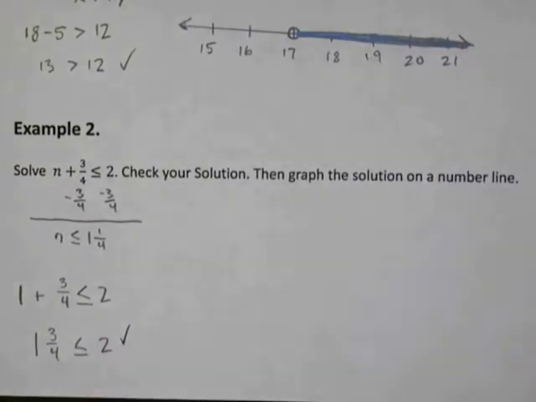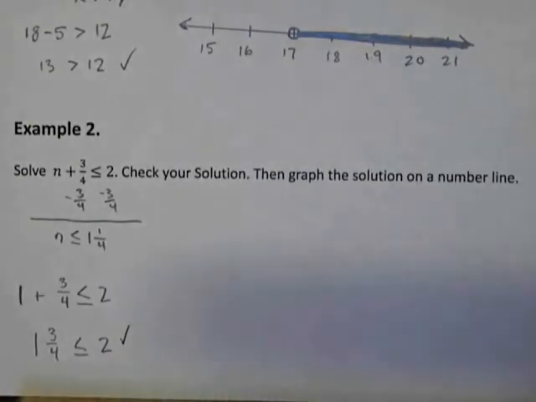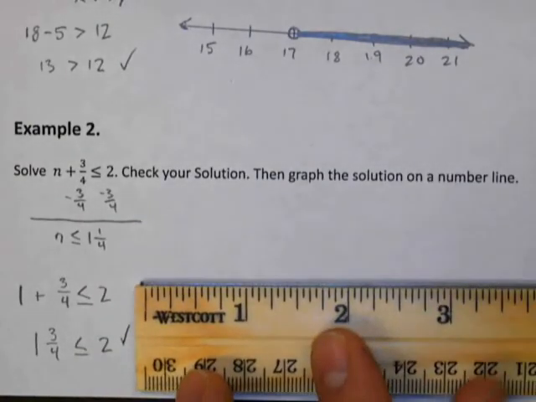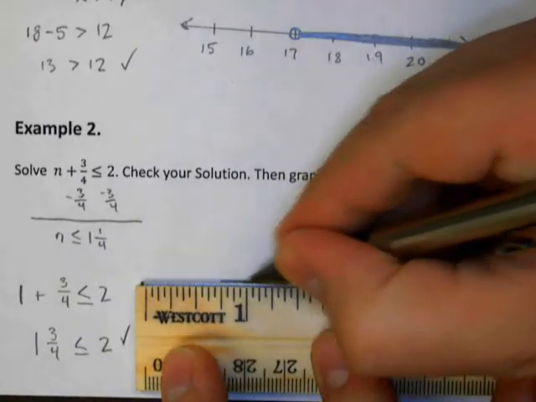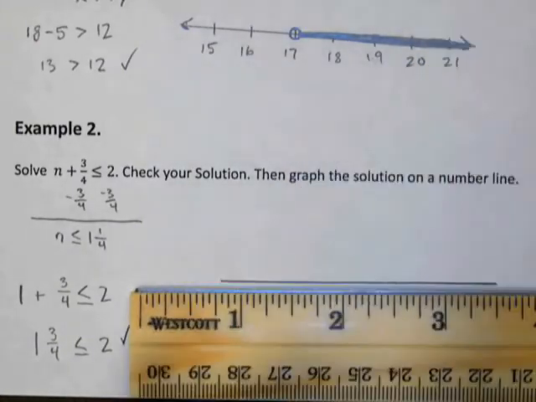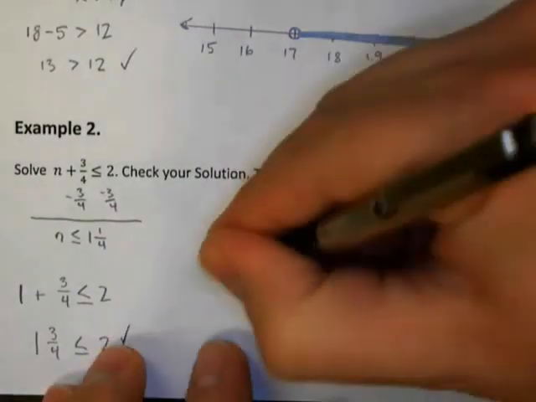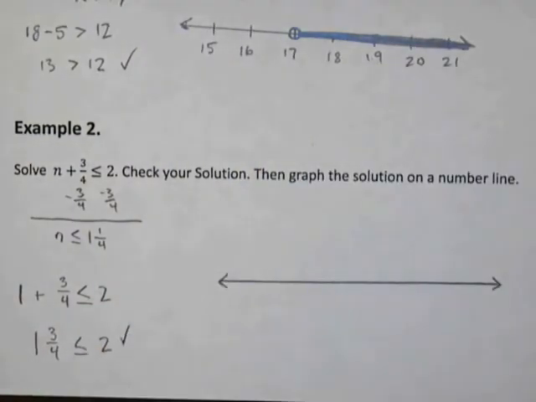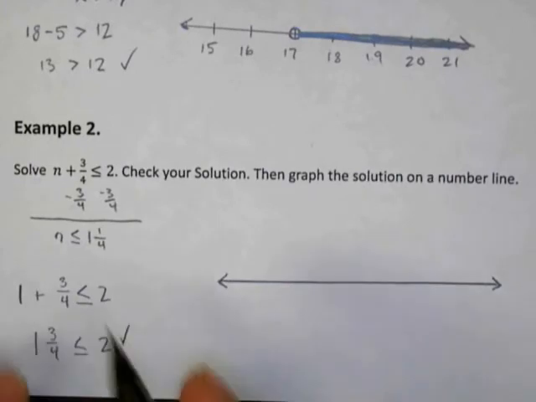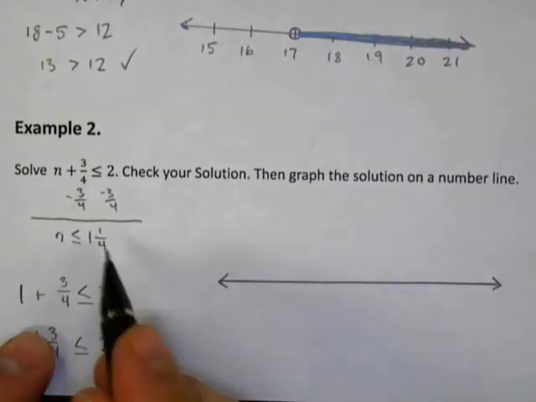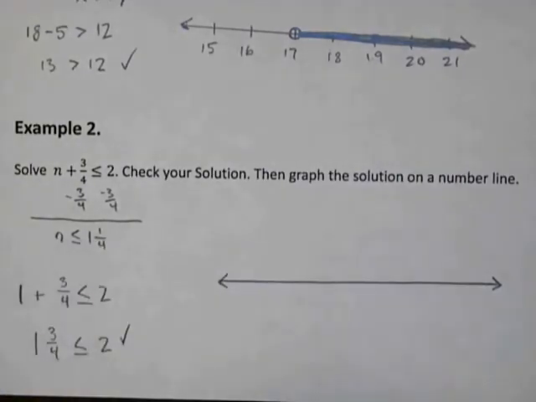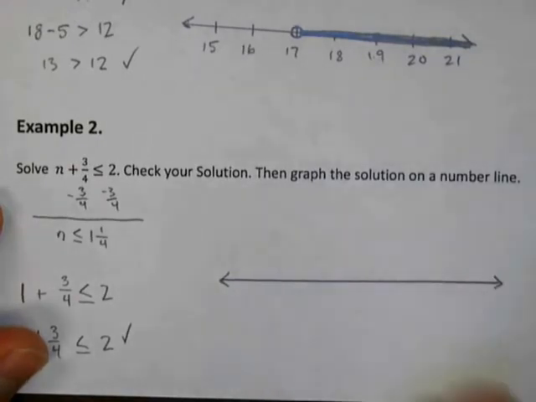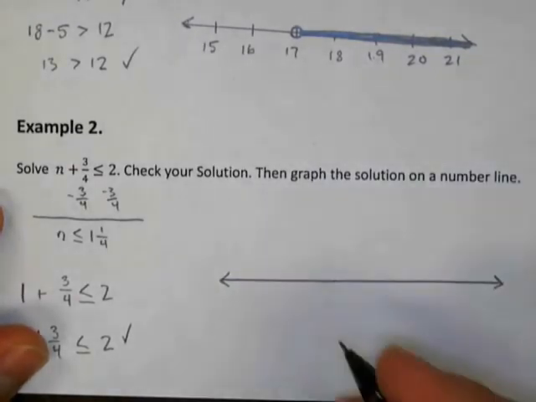Finally, the last thing that we need to do is graph our solution on a number line. So I'm going to go ahead and make this graph again. Draw a little line here. And remember, we've got to use the 1 1/4 in our number line, and since it's 1 1/4, it'd be wise to space it out by fourths along our whole line here.